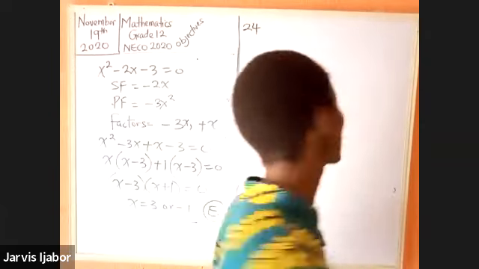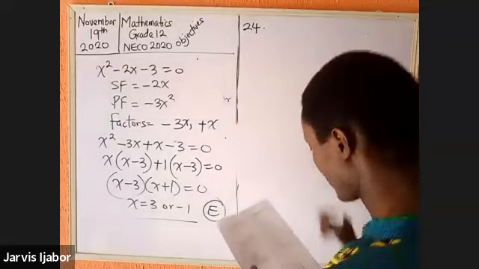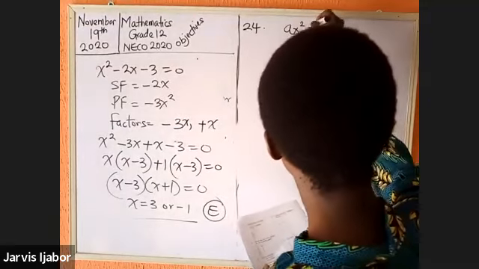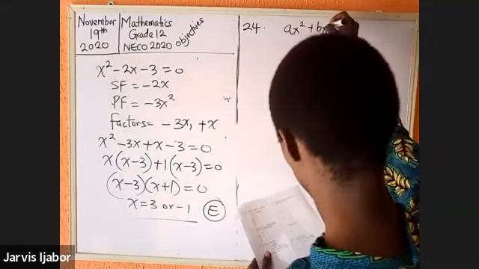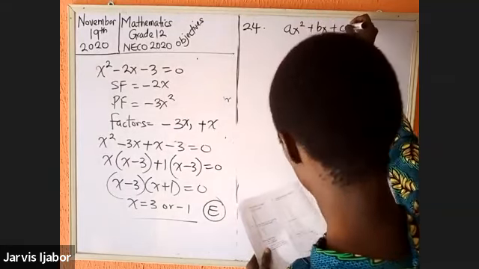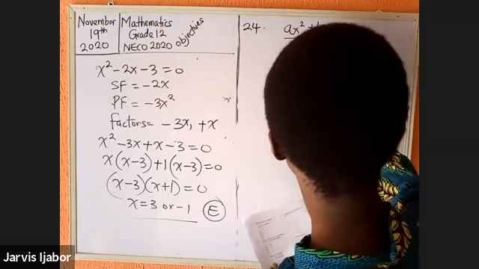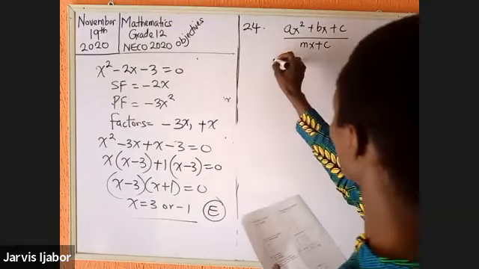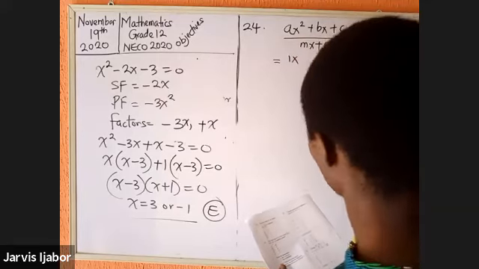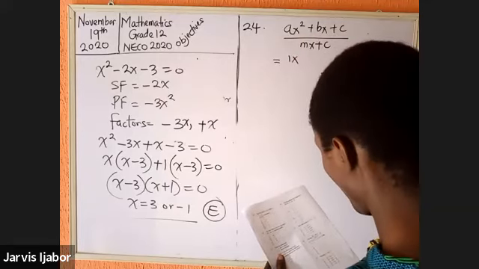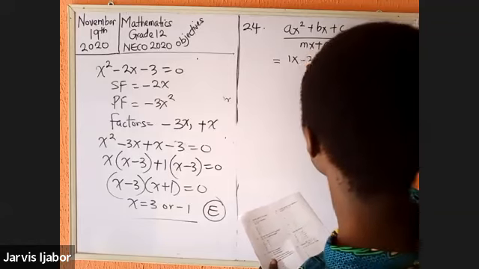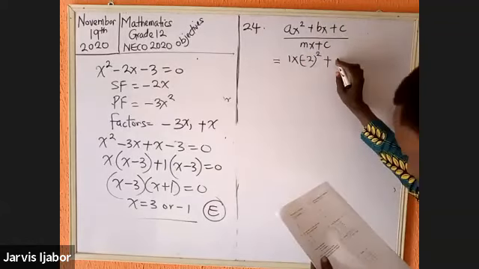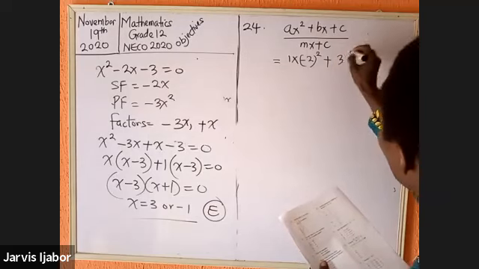And let's look at question 24. It says, evaluate ax squared plus bx plus c all over mx plus c. Now, what is a? a is 1, so that'll be 1 times, what is x? x is -2, squared, plus what is b? b is 3.